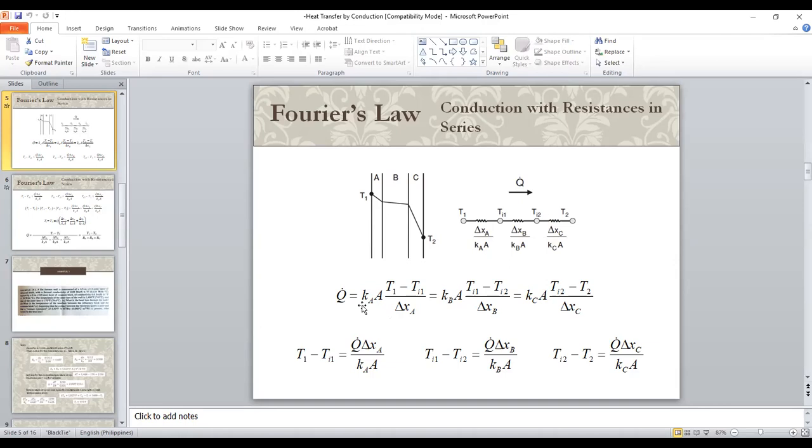see, class, that the rate of heat transfer in each of your materials in series are all equated, telling you that the amount of heat transferred through A, through B, and through C are equal. So you can see they are all equated. Now they are a series of materials, to be interpreted as a series of resistances.